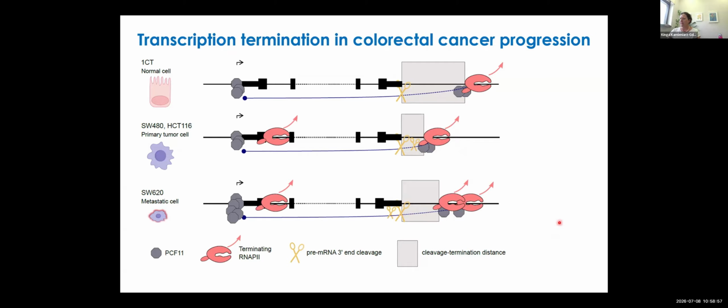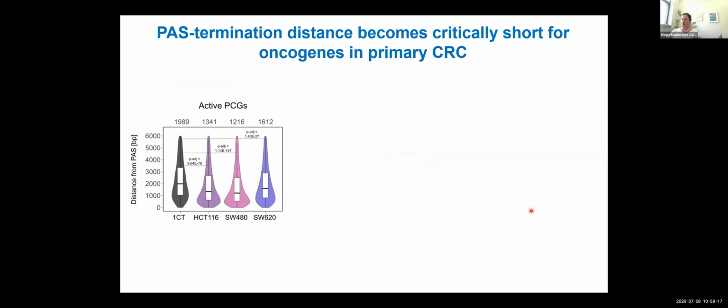So this prompted us to look at two things as an additional experiment. So one was, we wondered, does it really matter, let's say, to the expression of the gene, this distance between those two processes? So first we quantified what we could see already in the averaged meta plots, the distance between cleavage and termination.